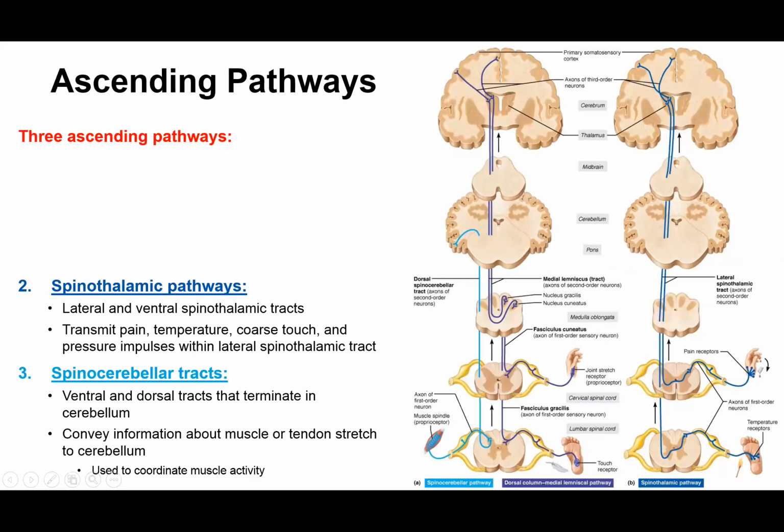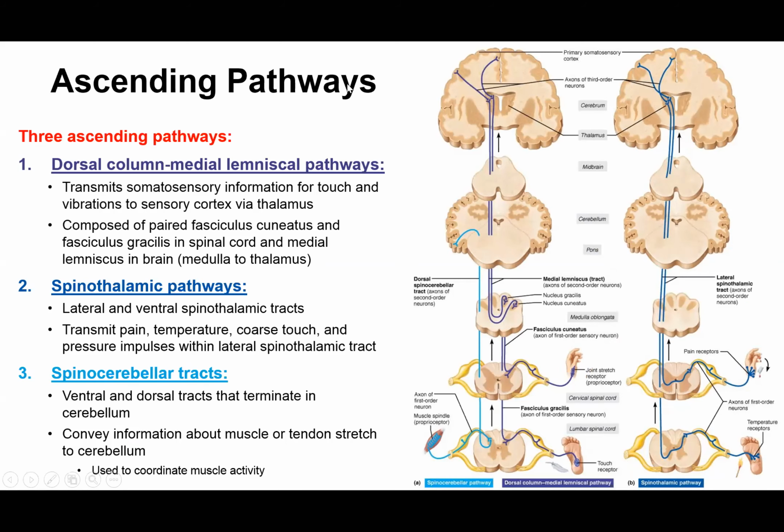Okay, so we have 3 ascending pathways. The first one that we're going to talk about is the one that I just drew out for you on the last slide. So this is the dorsal column medial lemniscal pathway. This particular pathway transmits information for touch and for vibrations, and it's transmitting that information to the sensory cortex via the thalamus.